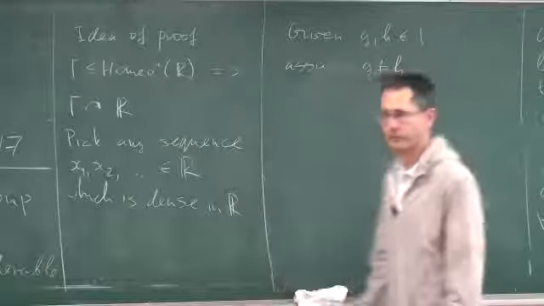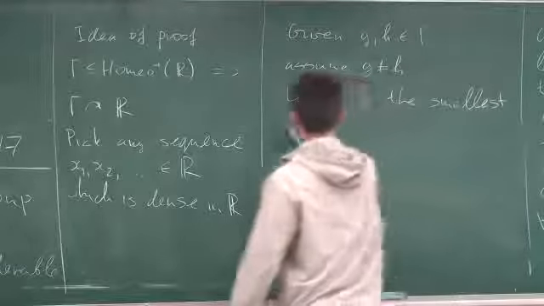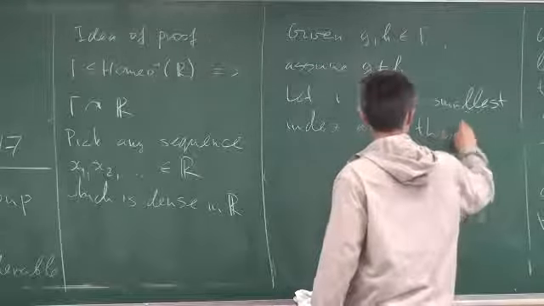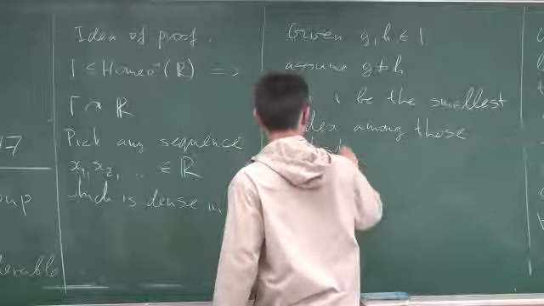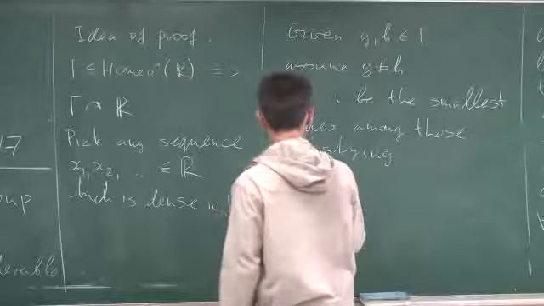It's a continuous action. So there will be some points at which G and H are different. So let i be the smallest index among those satisfying the condition that G applied to xi is not equal to H applied to xi. You pick the smallest such index.